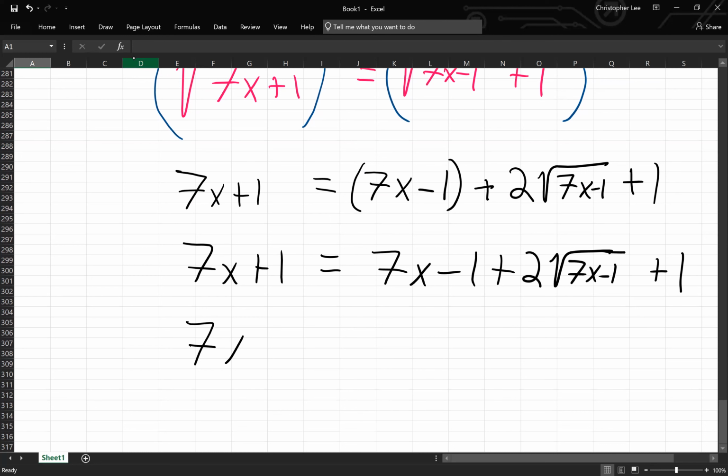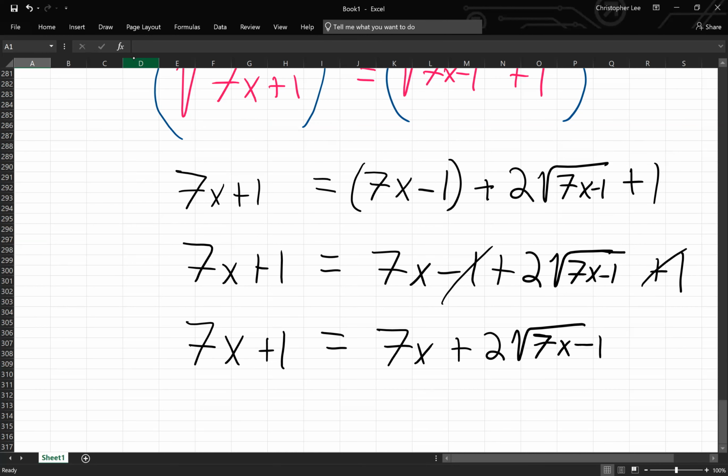I have 7x plus 1 is equal to 7x, and then adding these together, these will cancel out, so plus 2 times square root 7x minus 1. Did I lose you or are we good? The minus 1 and the plus 1, they cancel out because I'm adding them together. That's what I'm doing. All right.